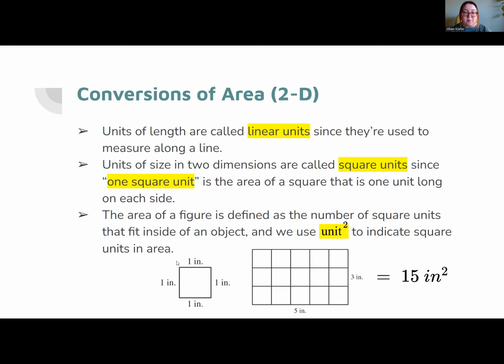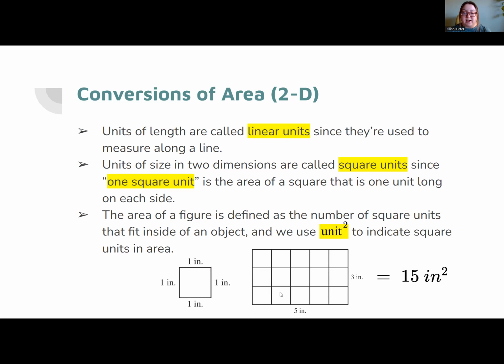So we see we have our 1 square unit here, and our small square that's 1 by 1. So every side of it is exactly 1 inch. So this is the 1 square unit. Now in our box here, we have quite a few of these squares. Now we could count the boxes. We can say, okay, 1, 2, 3, 4, 5, 6, 7, 8, 9, 10, 11, 12, 13, 14, 15. So we can count those, or we can multiply by the number of square units on each edge.